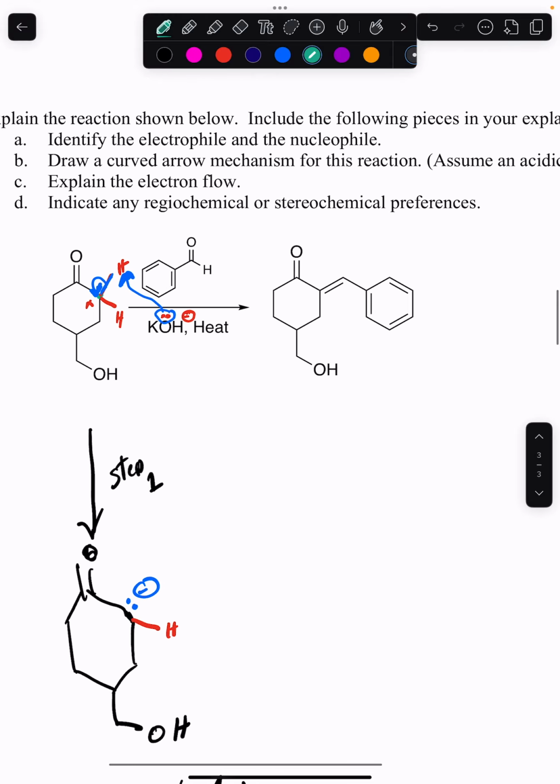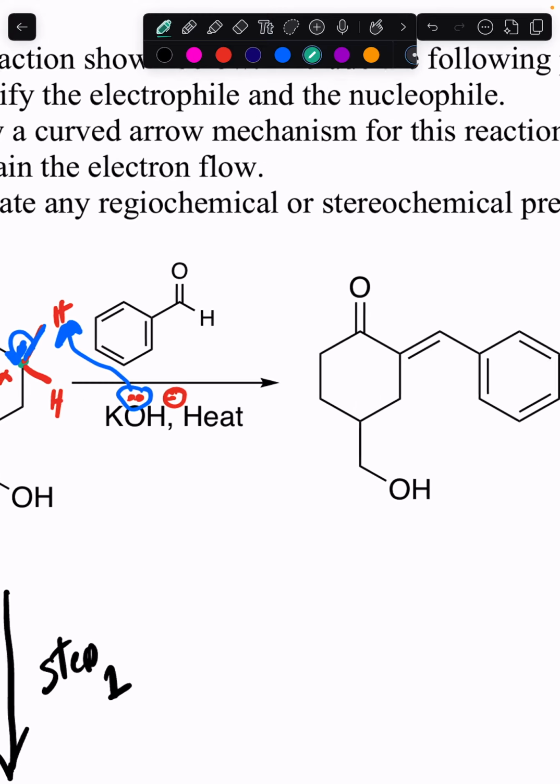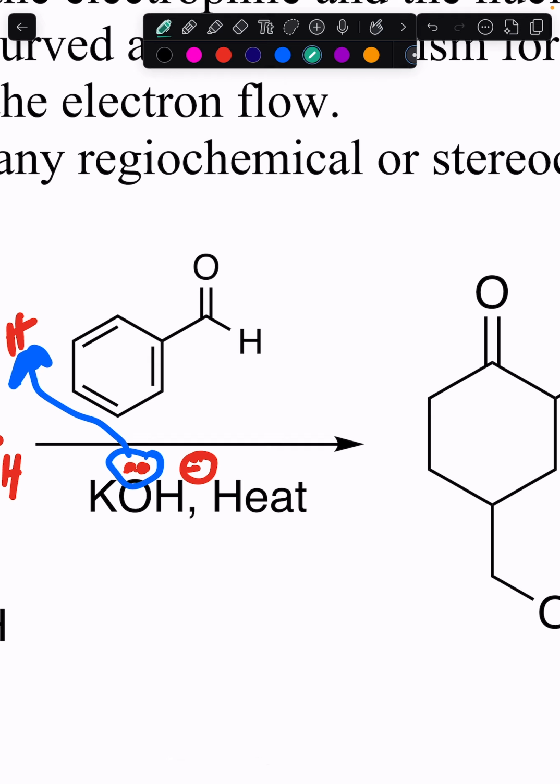Now, our nucleophile will be attacking the electrophile. To identify the electrophile, it's this compound. This compound is going to be our electrophile, and that's because we have our carbonyl group over here, which is going through the inductive effect. This oxygen is more electronegative than this carbon, resulting in the flow of electrons upwards.